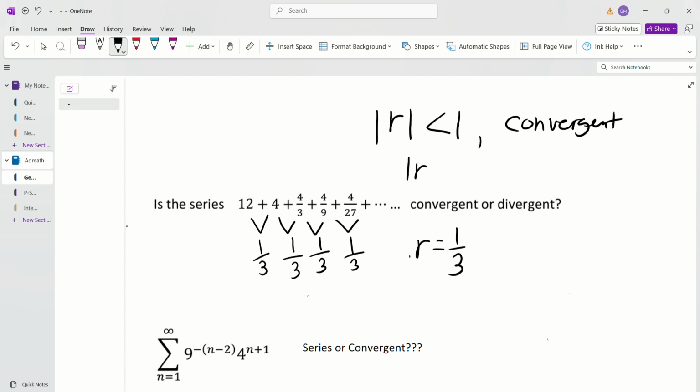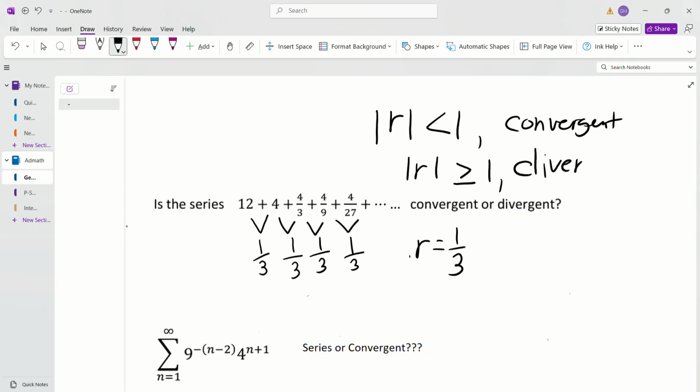And if r is greater than or equal to 1, therefore it is divergent.